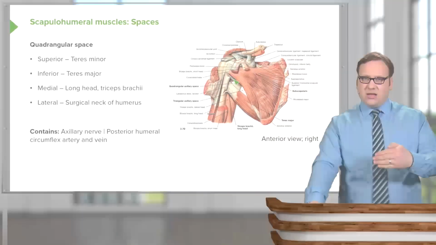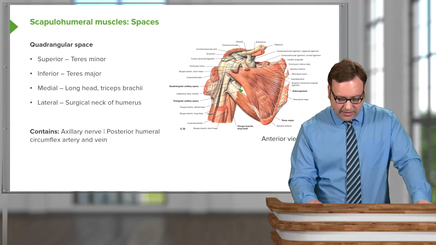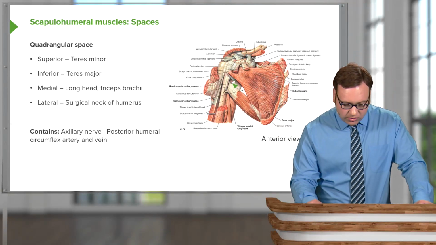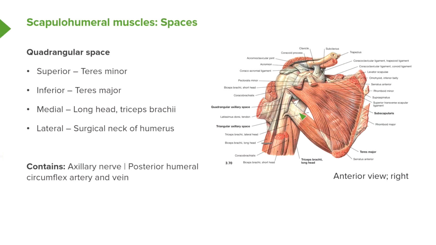Remember, teres minor comes away from the scapula superior to teres major. So here we can see this small little space. Superiorly, we have teres minor. Medially, we'd have the long head of triceps brachii. Inferiorly here, we'd have teres major. And laterally, we have the surgical neck of the humerus. And this is your quadrangular space. Coming through that space is going to be the axillary nerve and the posterior humeral circumflex artery and vein.